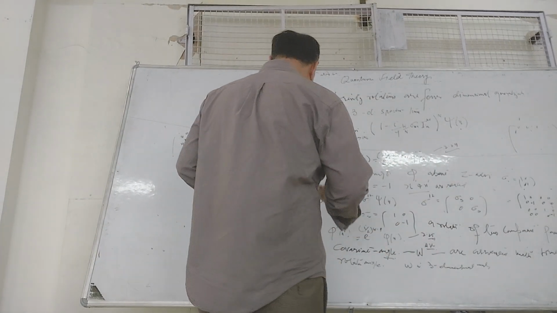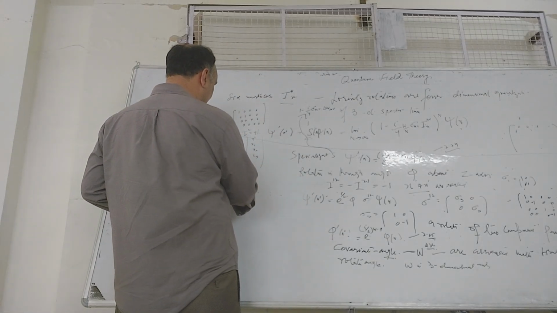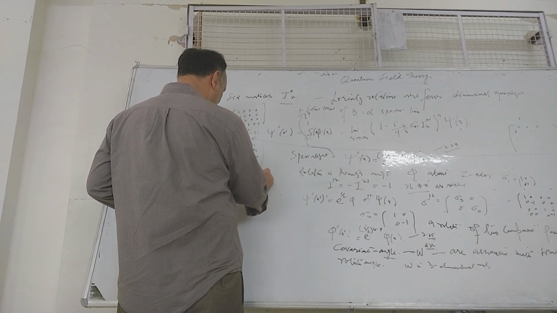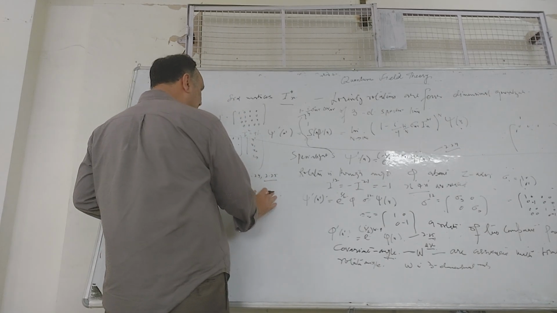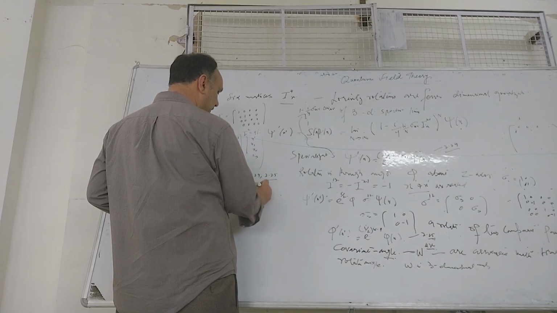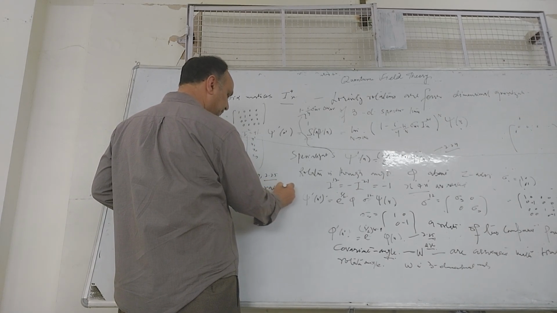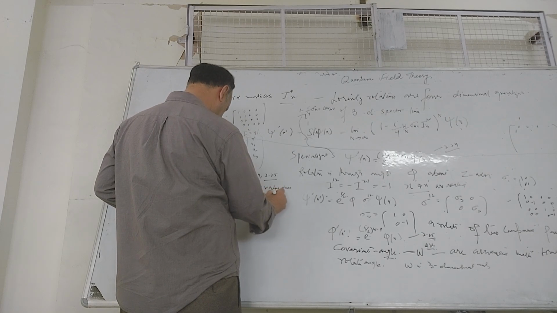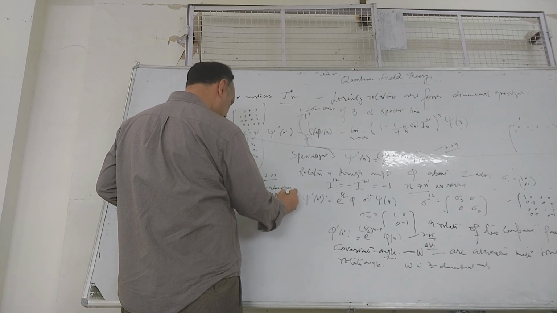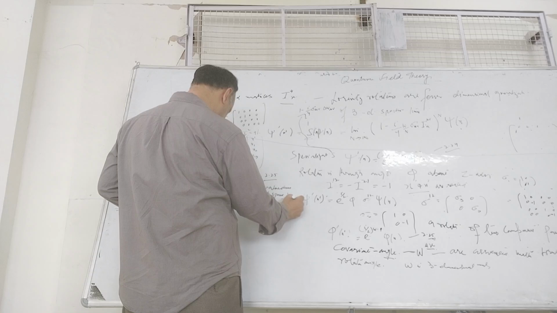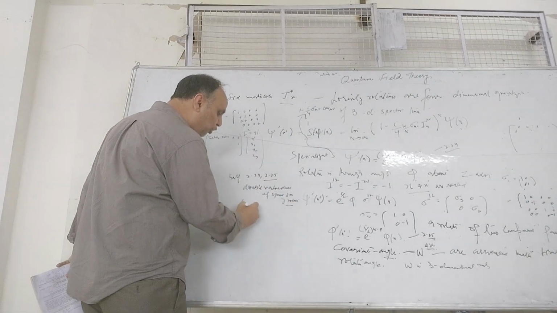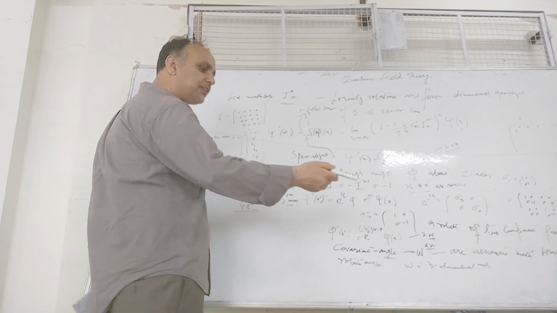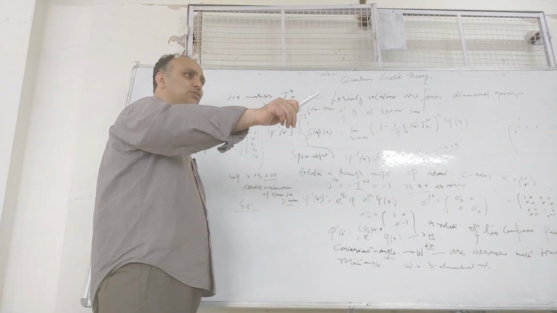The appearance of half angles in 2.24 and 2.25 is an expression of the double-valuedness of the spinorial law of rotation. So it means it takes 4 pi rotation to come back to its original value.